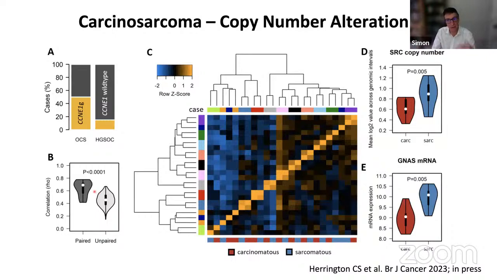Perhaps that's not surprising, but it does underscore the idea that these are actually metaplastic carcinomas. Now, what we did see was enrichment of SARC copy number and GNAS RNA expression in the sarcomatous component. And that's really just a fancy molecular way of saying this is epithelial mesenchymal transition. This is EMT going on here, because these are both entities that are associated with EMT.